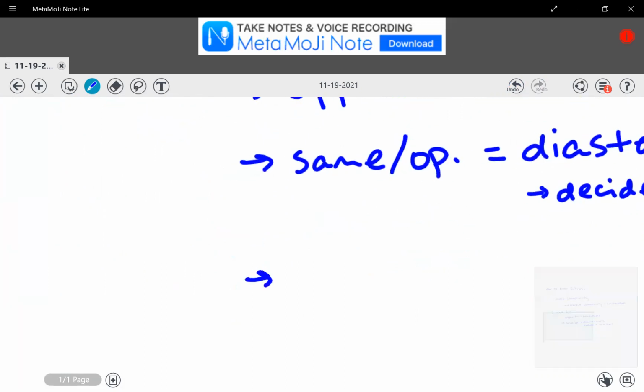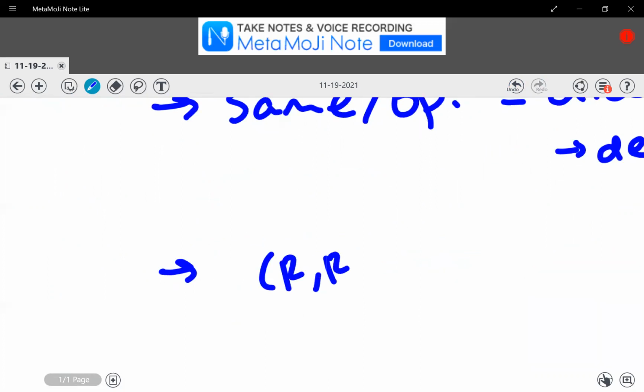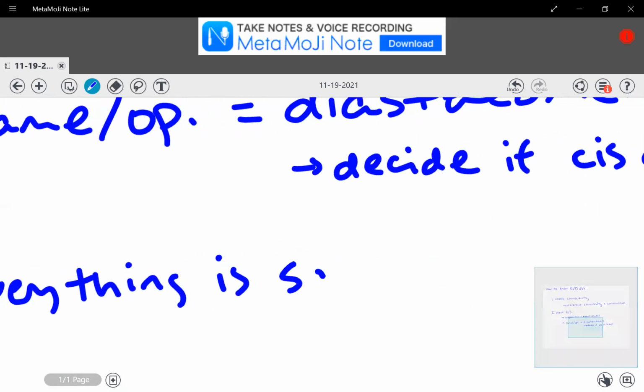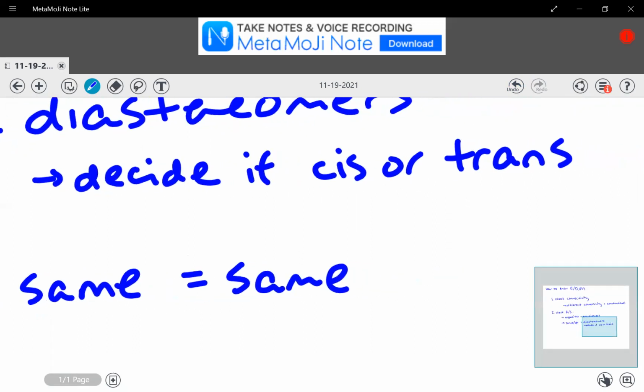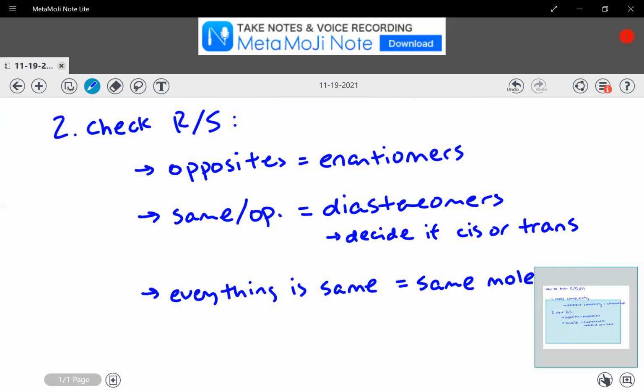If, however, they are all the same, you have something that's RR, and the other one is also RR, then you've got the same molecule. Everything is the same. You've just got duped. That is the same molecule. All right.